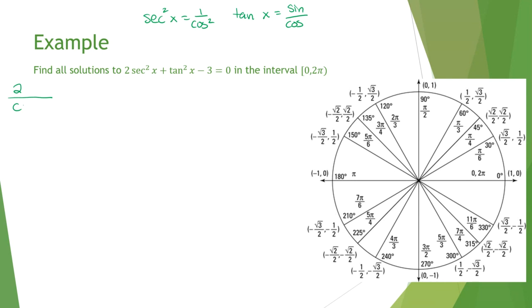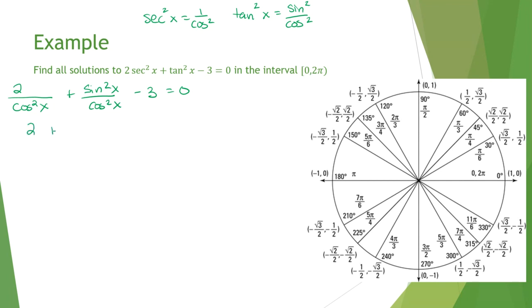So I could write this as 2 over cosine squared x plus, if I square tangent, I'm squaring the sine and the cosine. So that's going to be plus sine squared x over cosine squared x minus 3 equals 0. So let's say you want to get rid of the denominator, cosine squared x, so you can just multiply everything by cosine squared x.